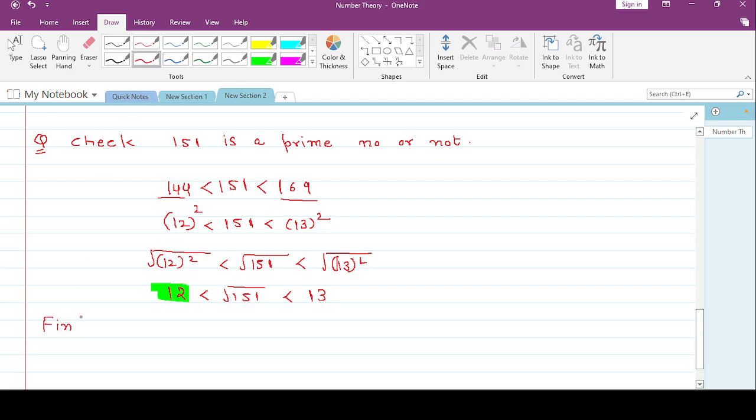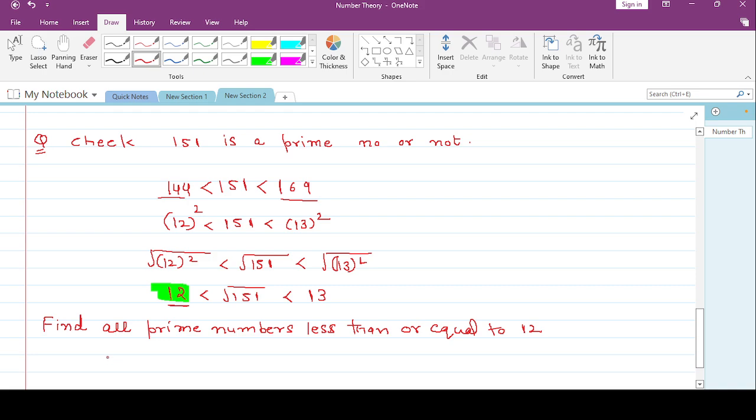So find all prime numbers less than or equal to this number, 12.